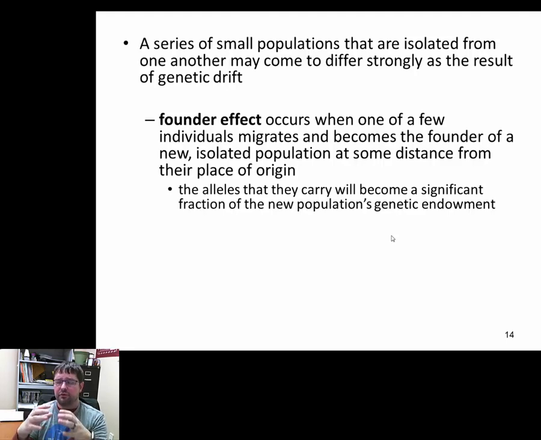When you have a few individuals, so you have a set amount of genetic diversity, when those few individuals move to a new region and get established, that new population is just based off of those few individuals. And you can get some situations where you get fixation of some genes that are very specific to that population.